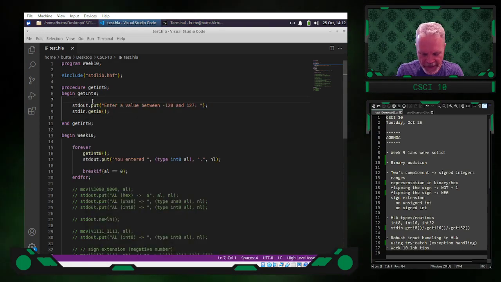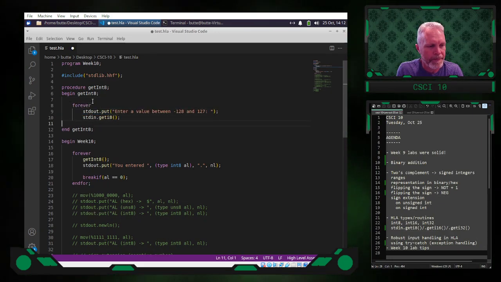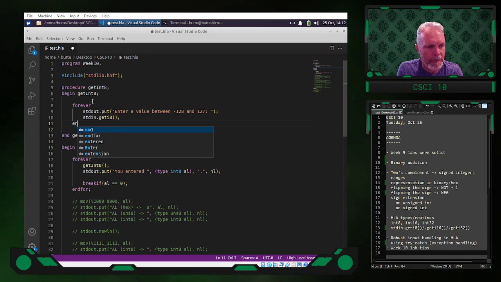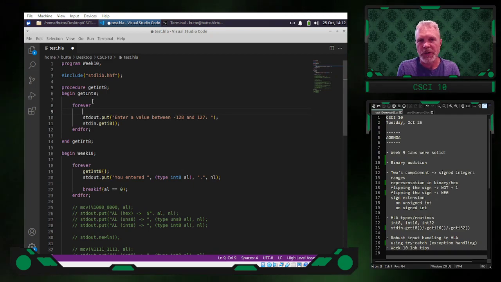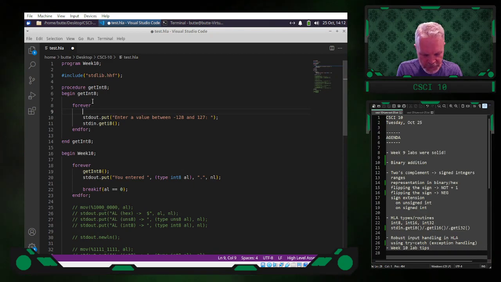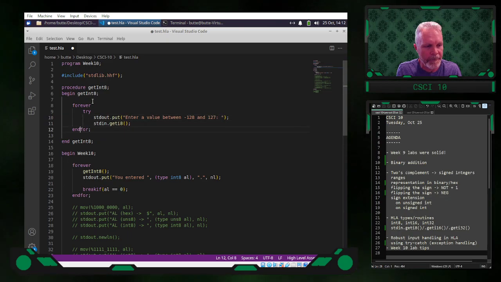So the way we do that is we're going to stick them in a forever loop here. And then we're going to set up for the potential for an exception, which looks like this. And I'm going to do the simple form of it.